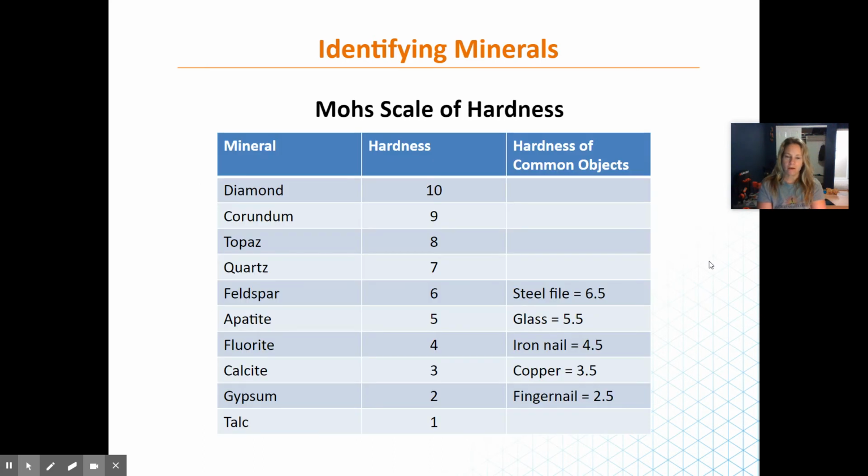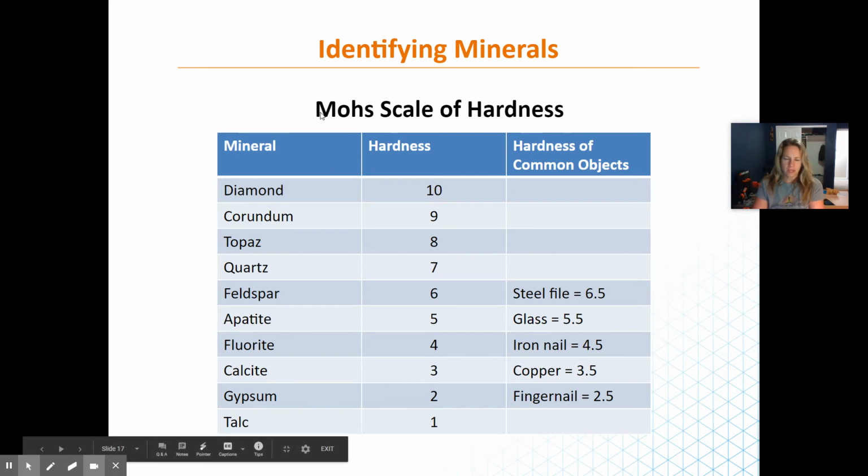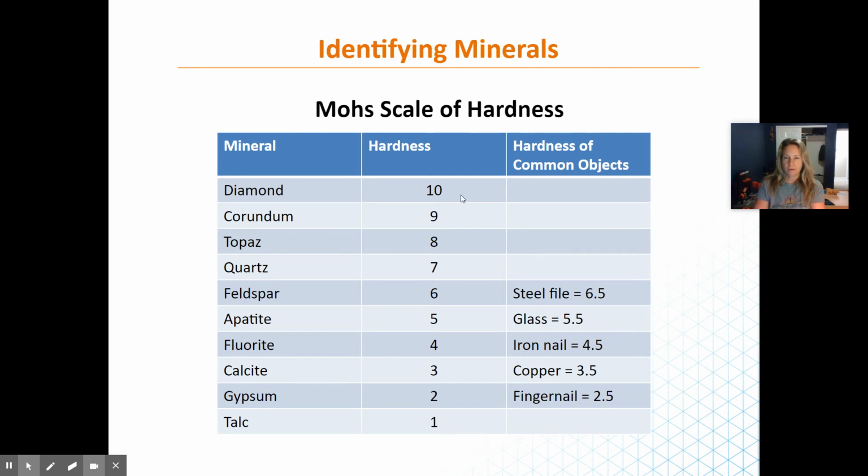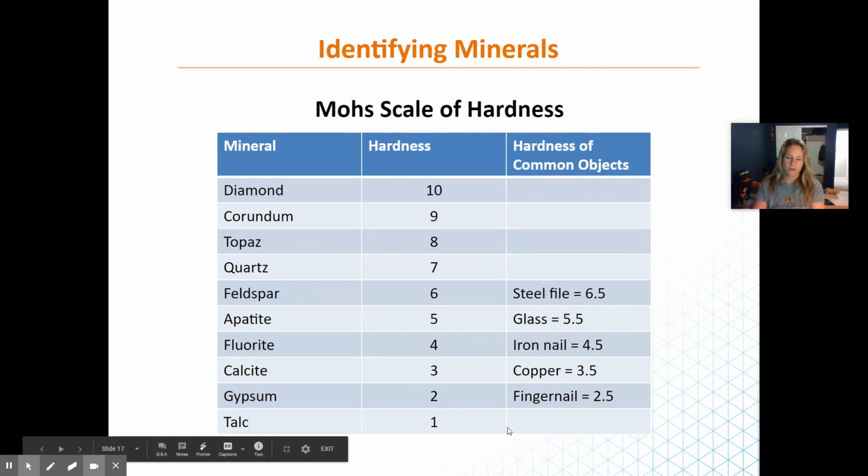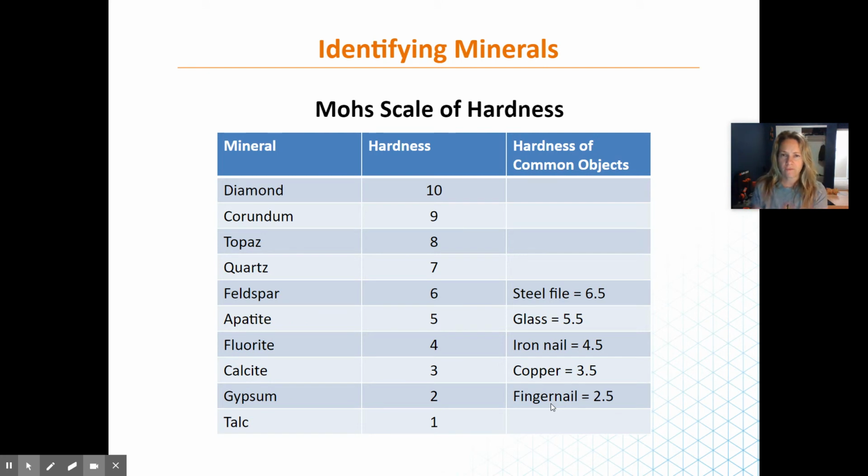So here's that scale, and you guys will use these common things. These are just some examples of minerals that are common and what their hardness is. Diamond is the hardest mineral. There's nothing harder than diamond as far as minerals go. And talc is the softest. Here are some examples of things you can compare to: fingernail, 2.5 on the hardness scale.